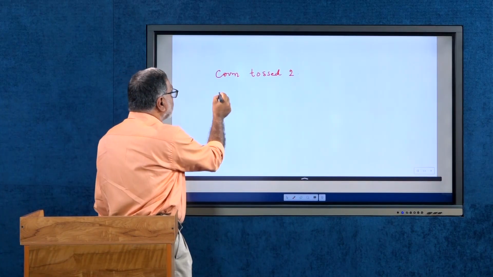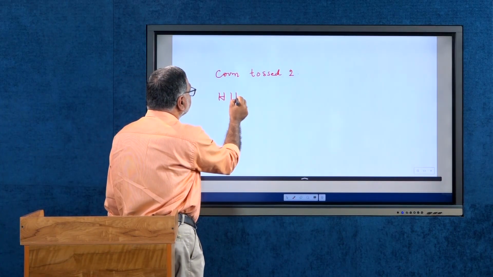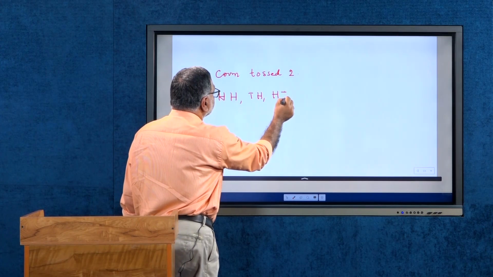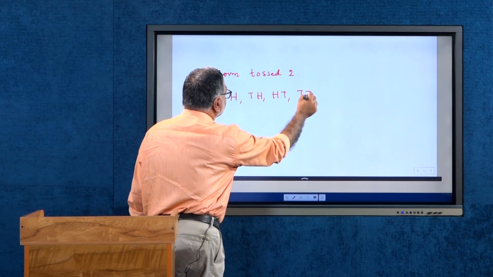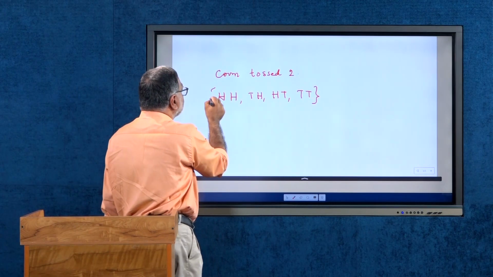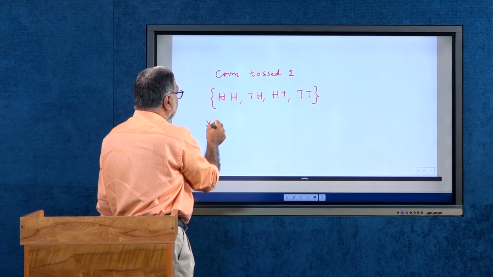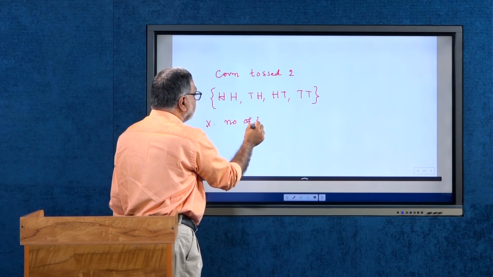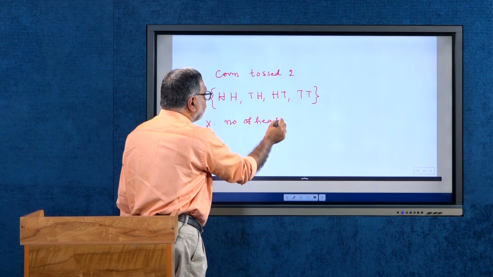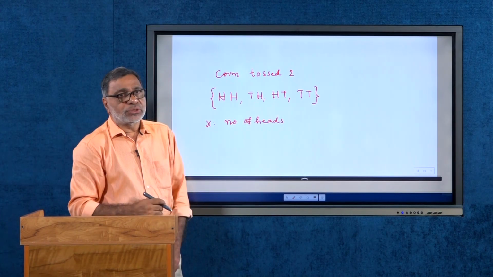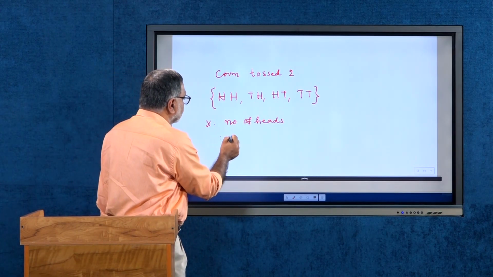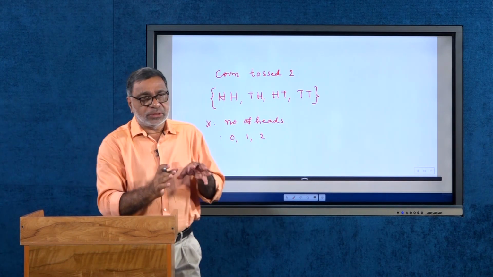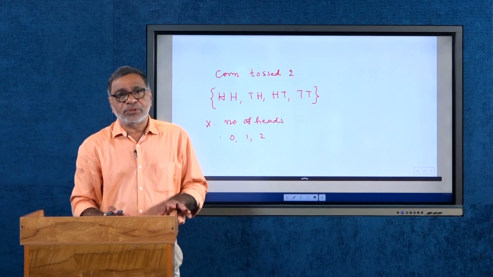So the outcomes are the sample space, and suppose we are considering x as the number of heads obtained. This is the definition of our random variable, the number of heads. Then the possible values are 0, 1, 2. These are the possible values of the random variable.